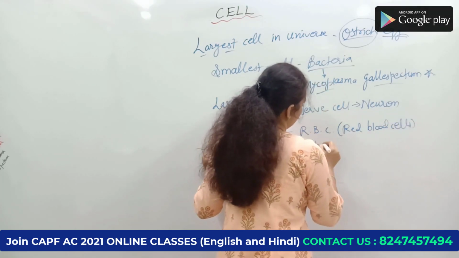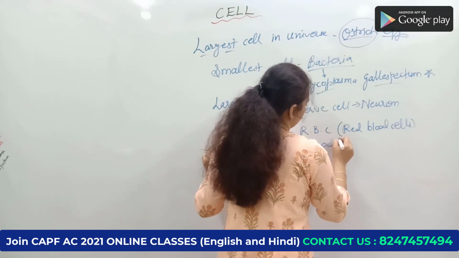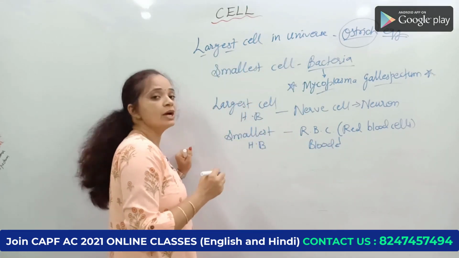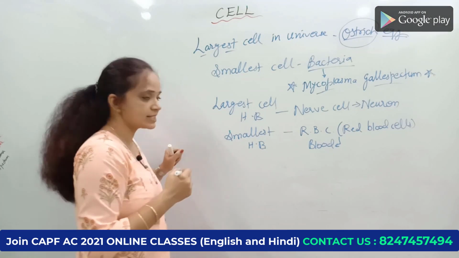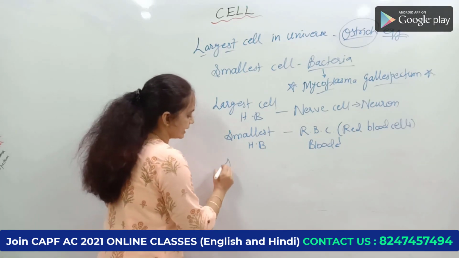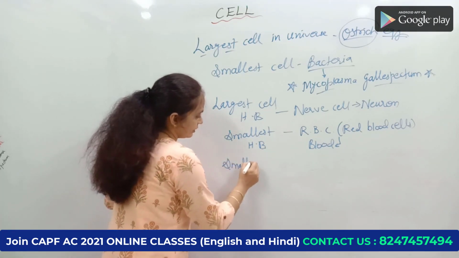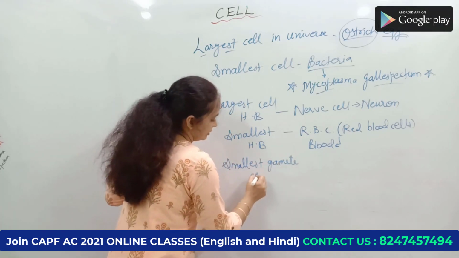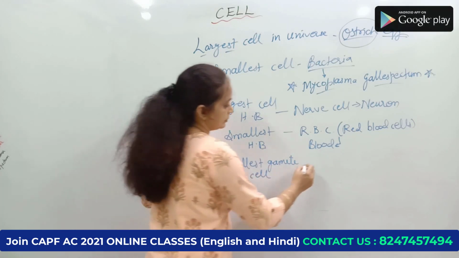In blood. So RBCs are the smallest cells. One more important question which was asked many times is the smallest gamete cell. The smallest gamete cell is the sperm.